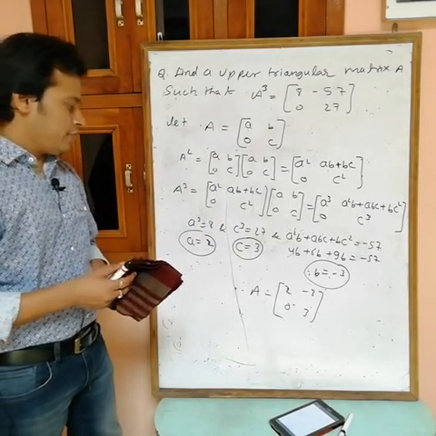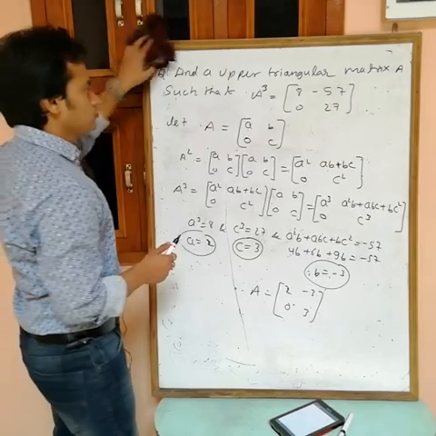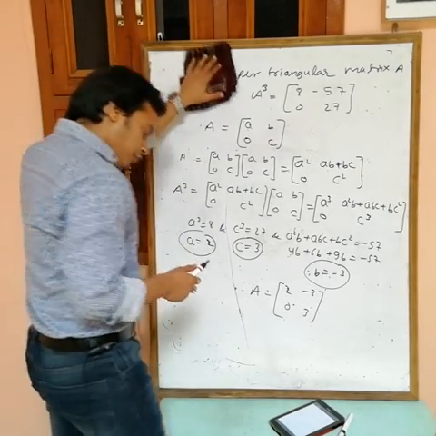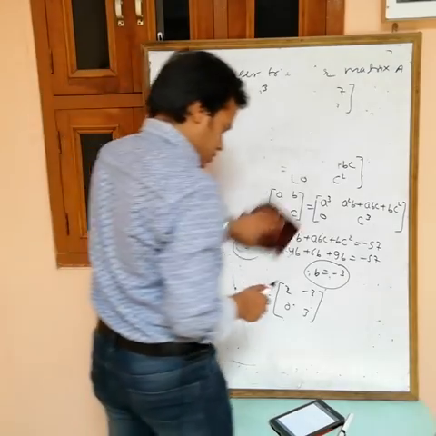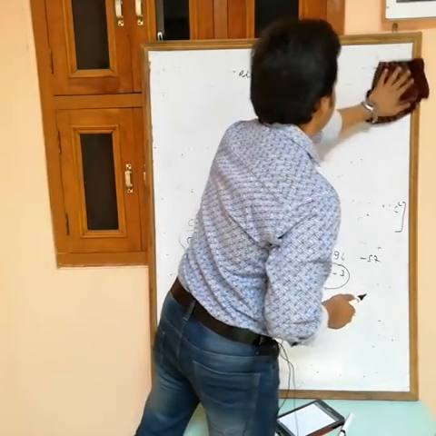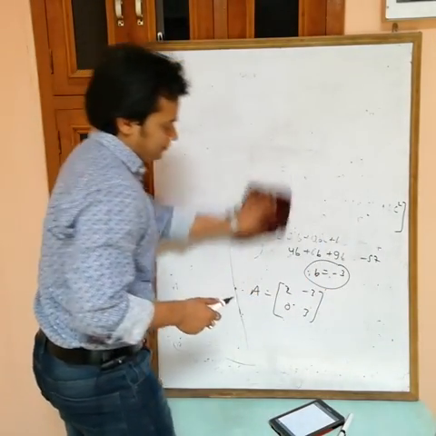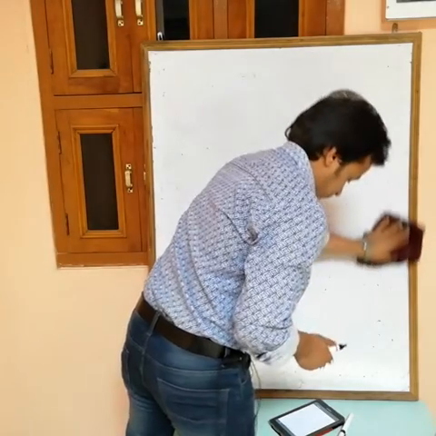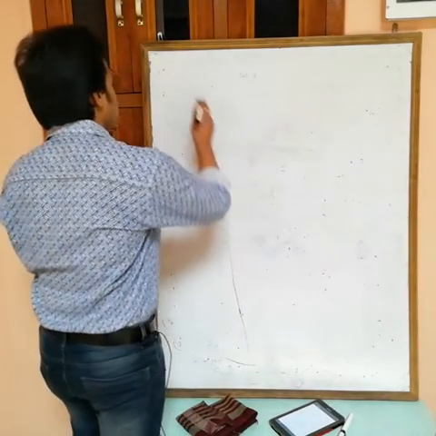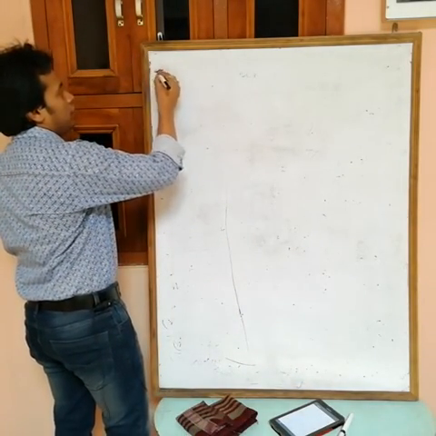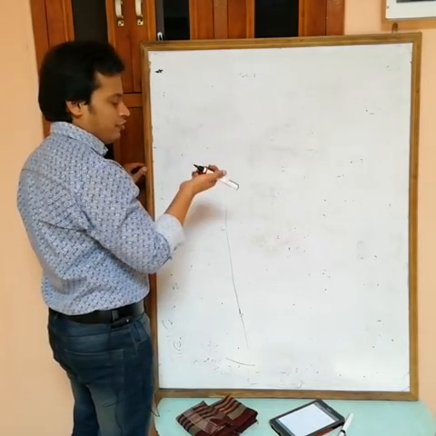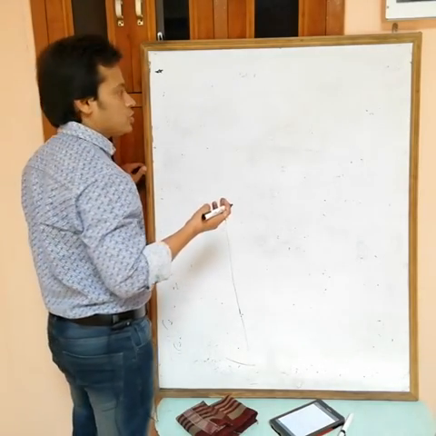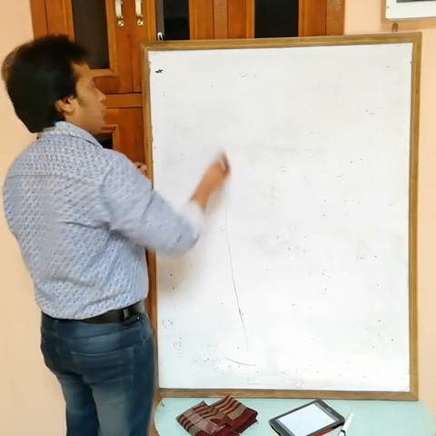Okay, so after this one: idempotent matrix, involutory matrix and nilpotent matrix. Actually these are not in the course, just write the definition of when a square matrix is said to be an idempotent matrix.